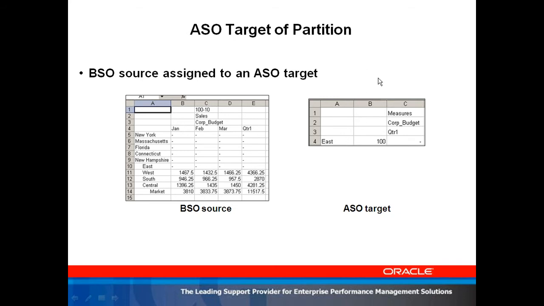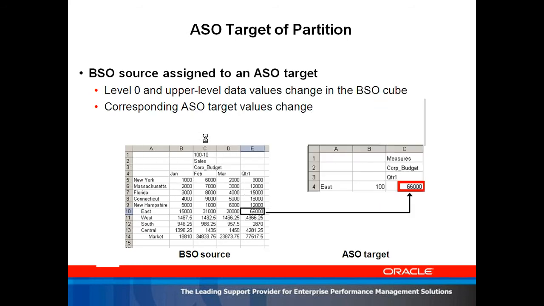But right now, as you see, in ASO, my East Q1 number there is nothing there because there's no data on the BSO side of things. But once I load data, calculate that data on the BSO side, then that calculated data, like my East Q1 number of 66,000, is also reflected upon immediate retrieval in the ASO database.